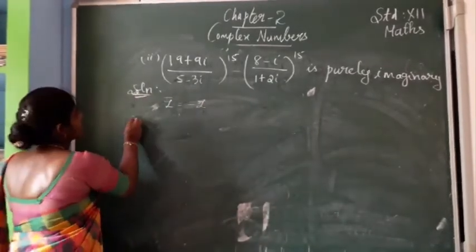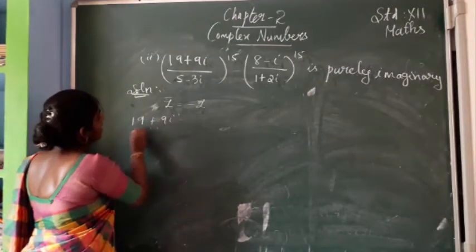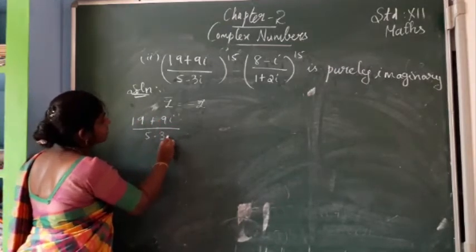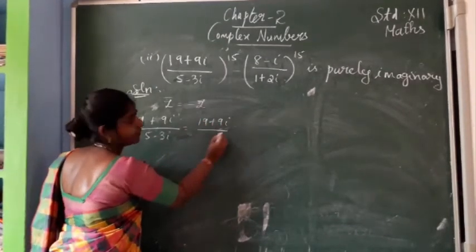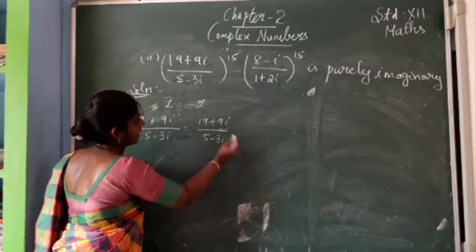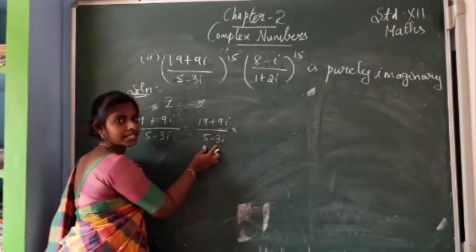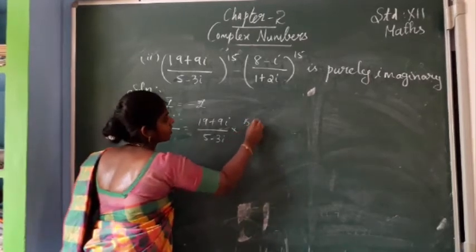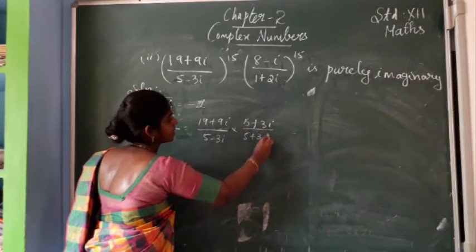So first, (19 plus 9i) divided by (5 minus 3i). You have to take the conjugate. The conjugate of 5 minus 3i is 5 plus 3i, divided by 5 plus 3i.